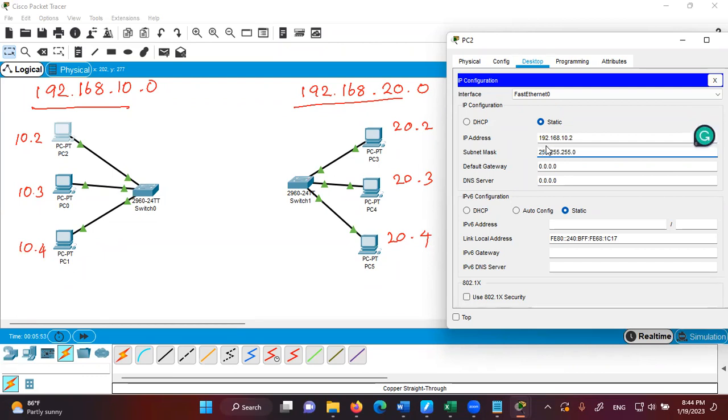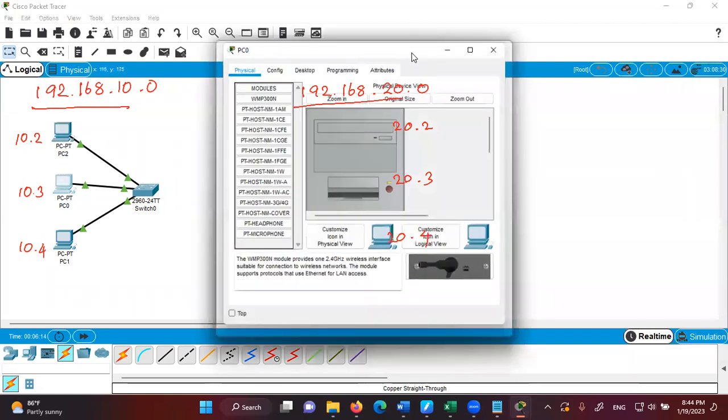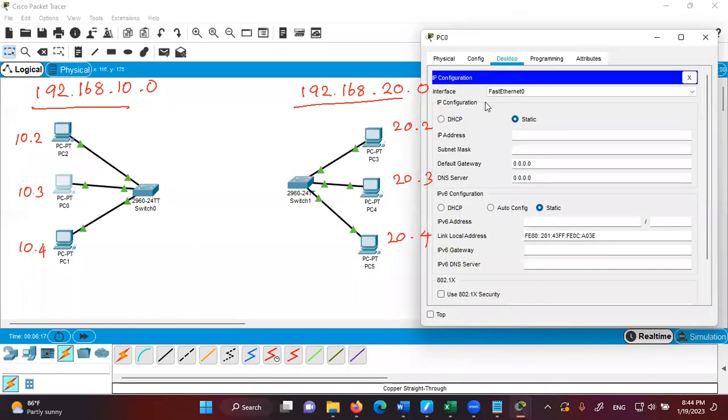Subnet mask is 255.255.255.0 and the gateway we have to provide is 192.168.10.1, right? That is the first usable IP. We entered those. In the same way, I give this one the desktop IP configuration 192.168.10.3. 192.168.10.1 will be the gateway for them as well.